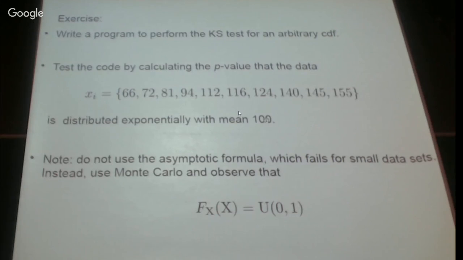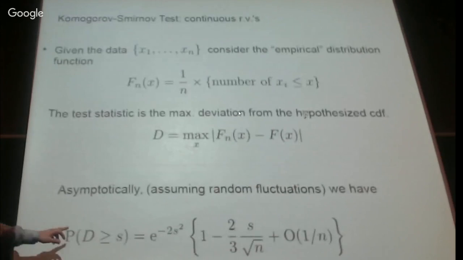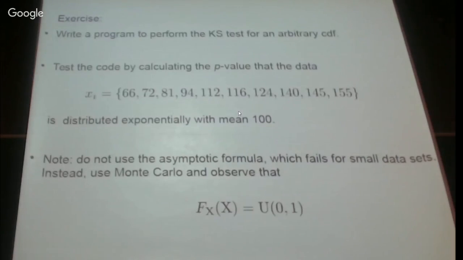It's pretty easy to write down the CDF for an exponentially distributed random variable, so you shouldn't have a problem calculating these different quantities. But we only have 10 data points here, so do not use the asymptotic form. I want you to do something else.